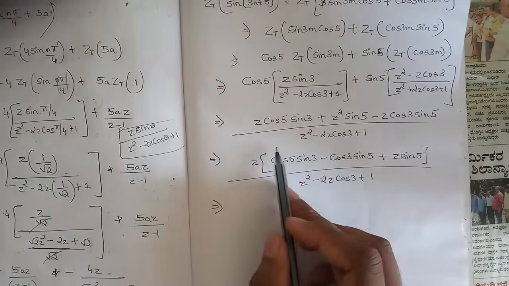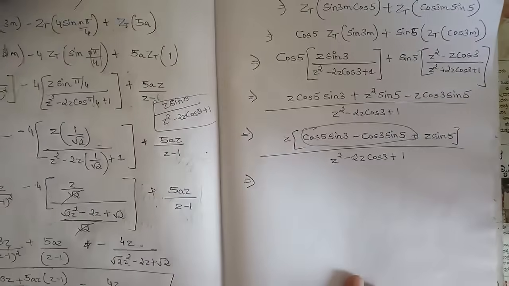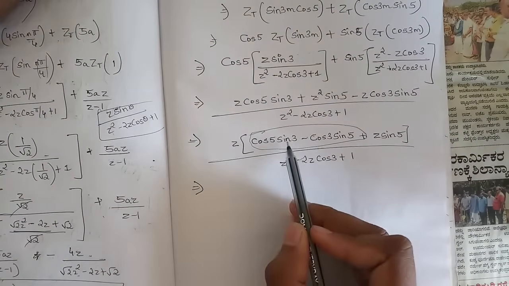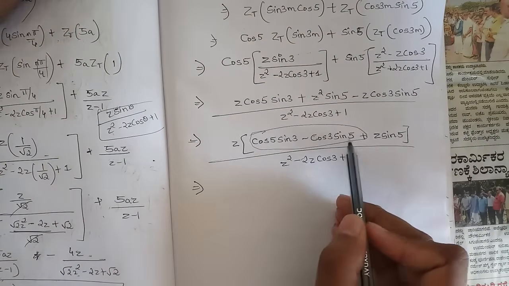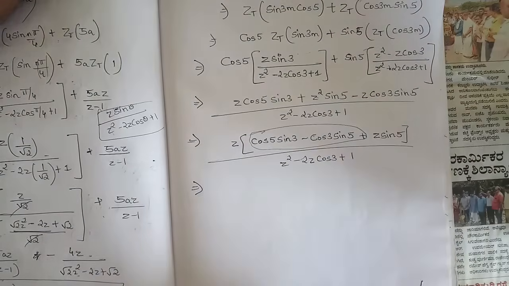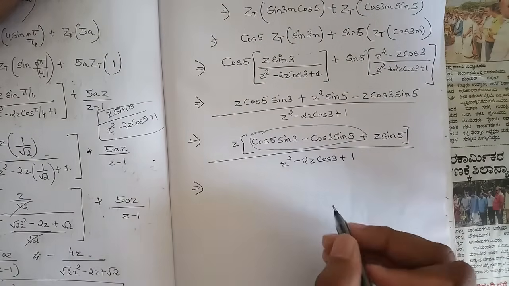So here we again arrive at the identity that we made a note of, that is, sin a cos b minus cos a sin b, which corresponds to sin(a - b).